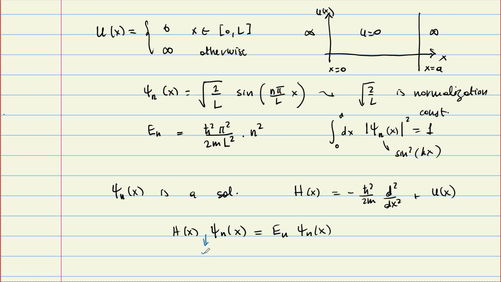But I can insert a phase here, e to the i theta on both sides. Basically, I can multiply the whole equation with e to the i theta, and I can introduce psi tilde n equal to e to the i theta psi n of x. These are functions of x.